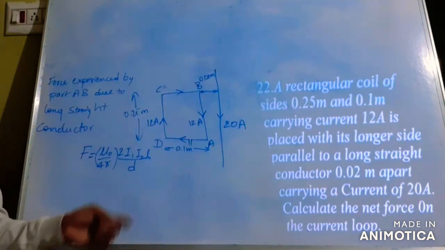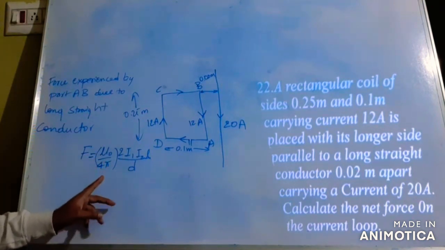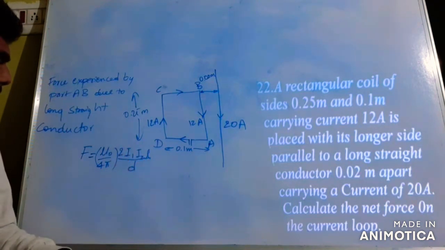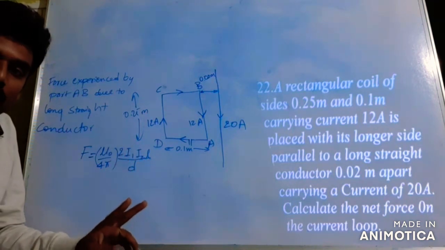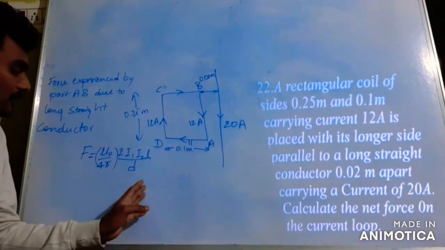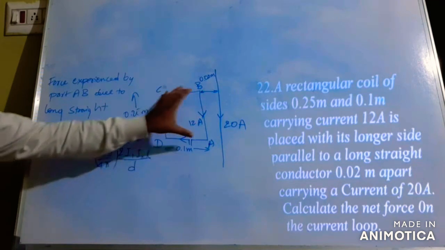So this is the formula for force experienced by two conductors carrying current. So if the currents are in the same direction, we will come to the direction later. First, let me get the magnitude of force experienced by part AB.